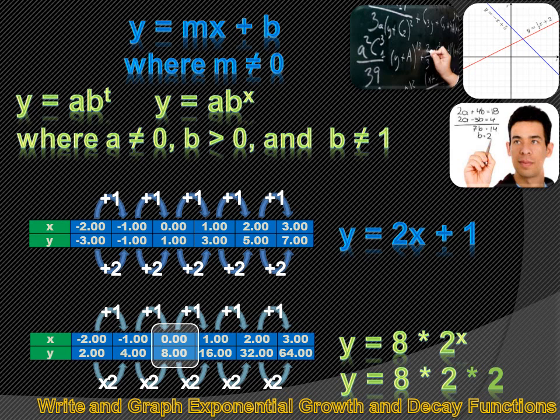And if I go to my next value, I've got 1, 2, 3 changes in x, and I've got times 2 times 2 times 2, or y equals 8 times 2 times 2 times 2. That's 3 changes. That equals 2 to the third power.